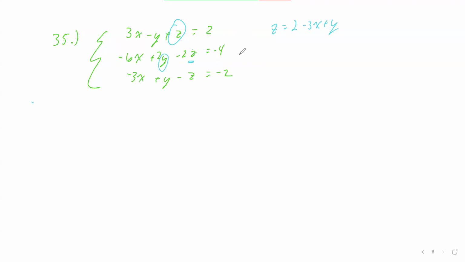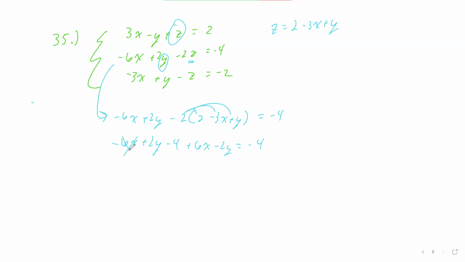So here we go. With that information, that'll give us negative 6x plus 2y minus 2 times 2 minus 3x plus y equals negative 4. Distribute, distribute, distribute. So I get negative 6x plus 2y minus 4 plus 6x minus 2y equals negative 4.